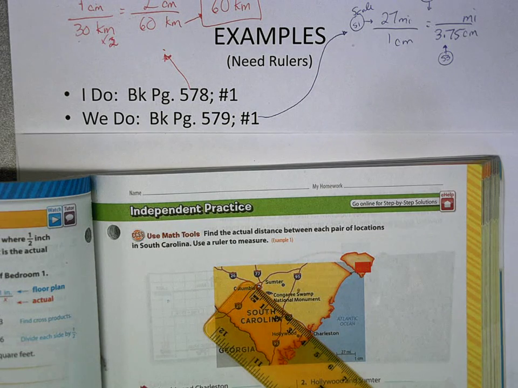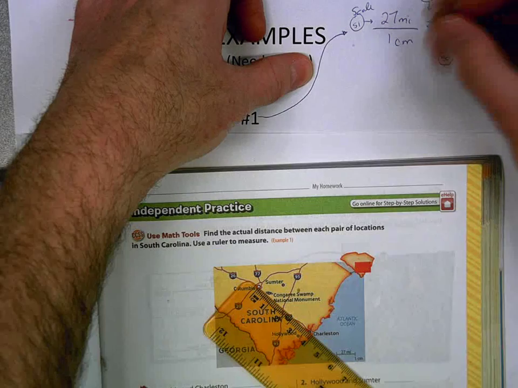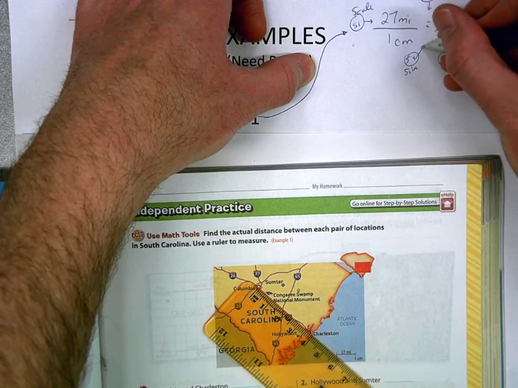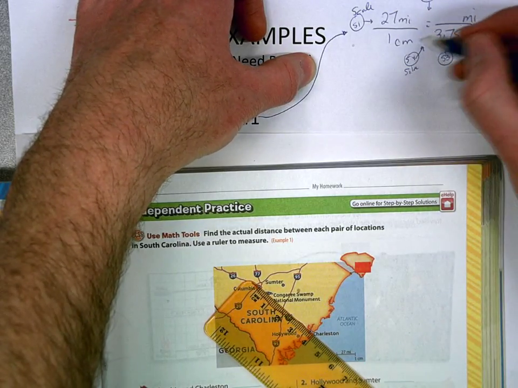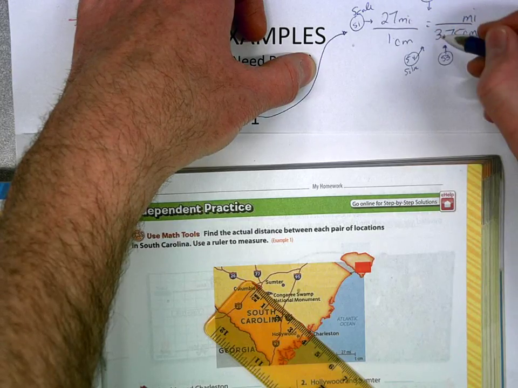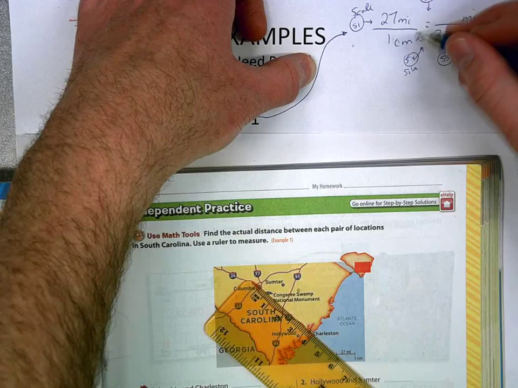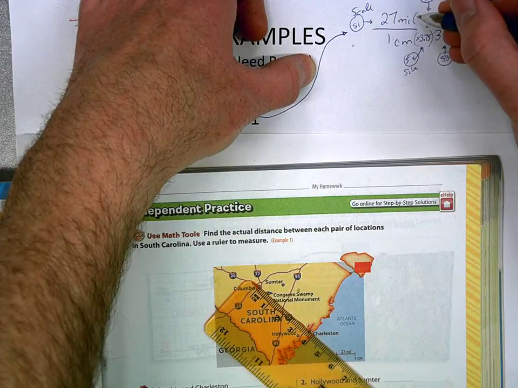Okay? So after I have that in, step 4 is let's go ahead and solve this missing part here. So getting from 1 to 3.75, I can just multiply by 3.75. And whatever I do to the bottom, I can do to the top.